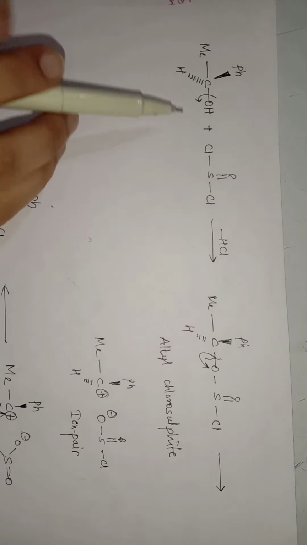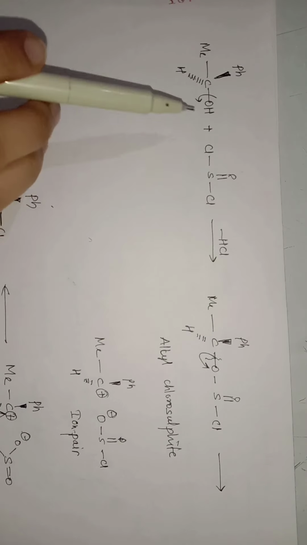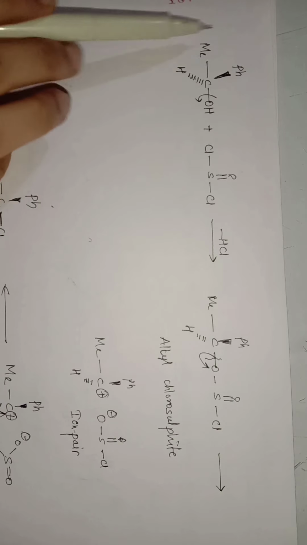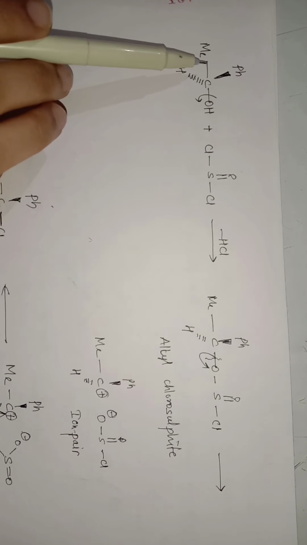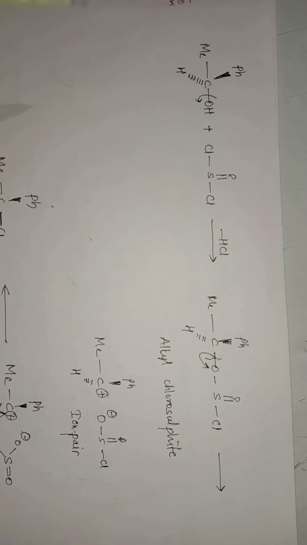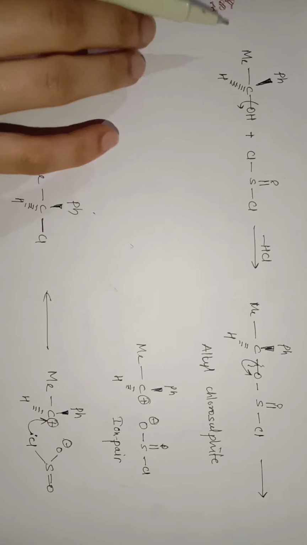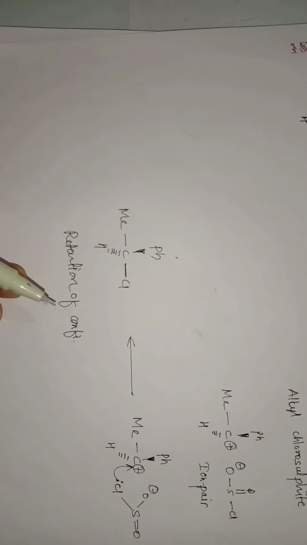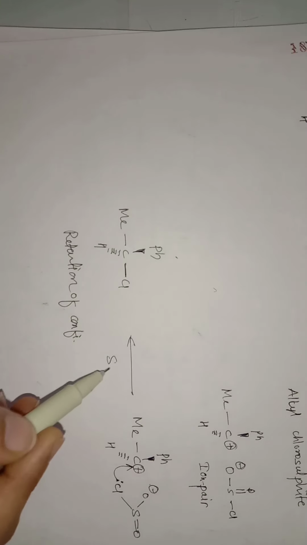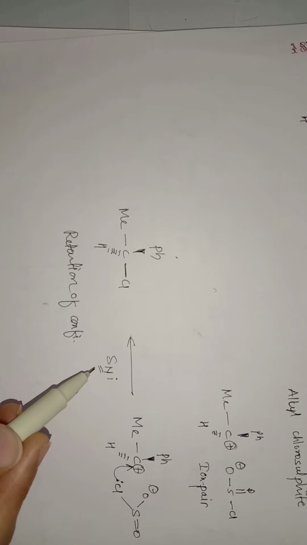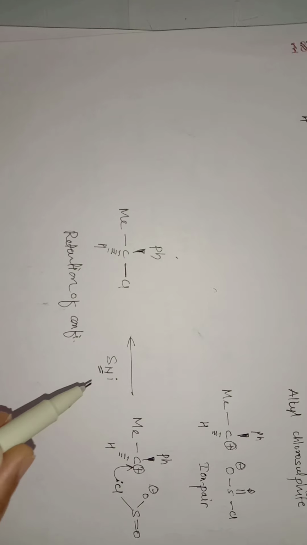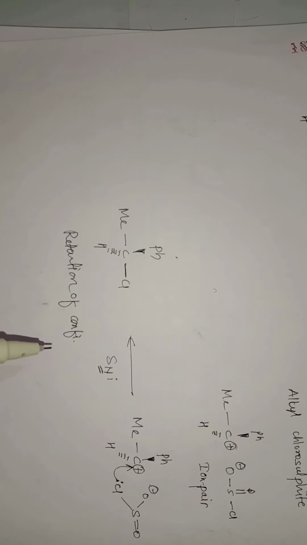You can see that in this reaction there is no internal nucleophile that can act as an NGP, a neighboring group participant. If there is no neighboring group, you get retention of configuration, because this type of reaction goes by the SNi mechanism, nucleophilic substitution internal. So this is about the SNi mechanism.